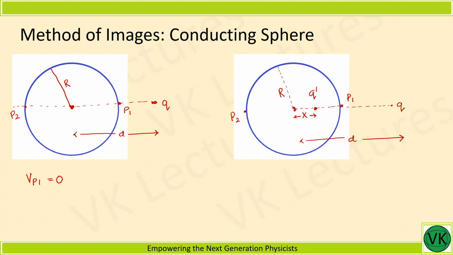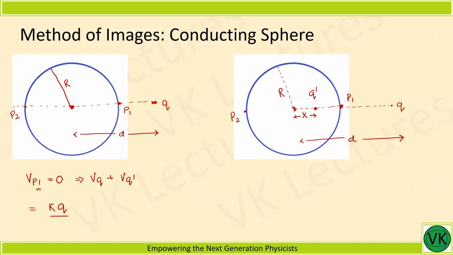So the potential due to q and q dash, that is vq plus vq dash, at point p1. So kq divided by the distance of point p1 from q.